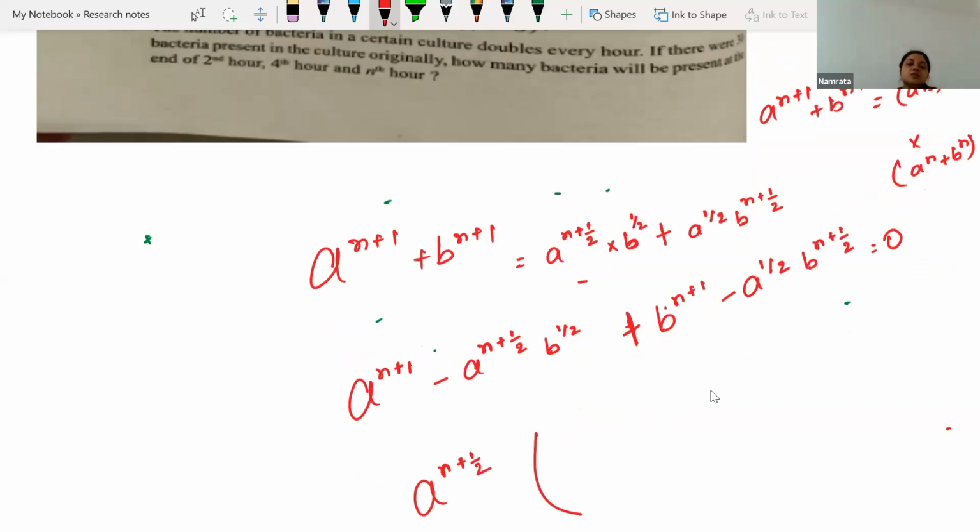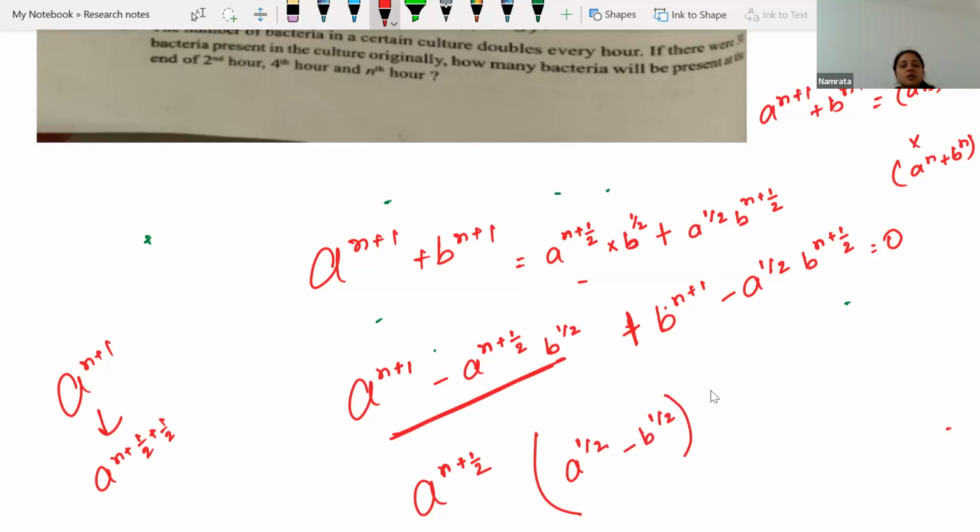What will be remaining in the first term? A to the power 1 by 2 will be remaining, because a to the power n plus 1 can be written as a to the power n plus 1 by 2 plus 1 by 2. Right, Lena? Yes, ma'am. So a to the power n plus 1 by 2 we can take out as common from these two terms, and what remains is a to the power 1 by 2 minus b to the power 1 by 2.